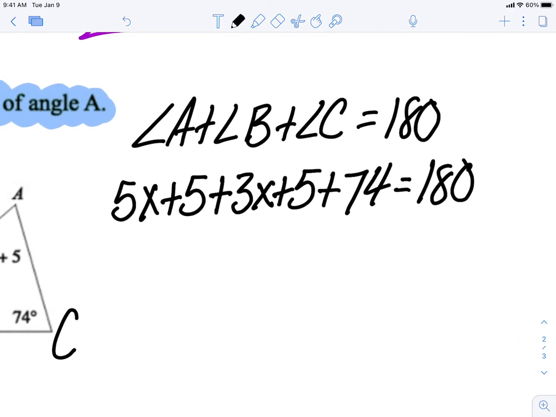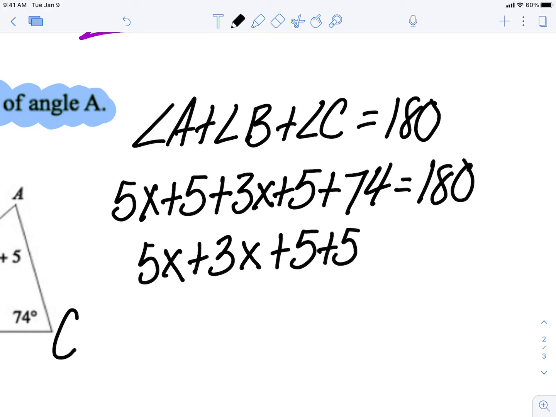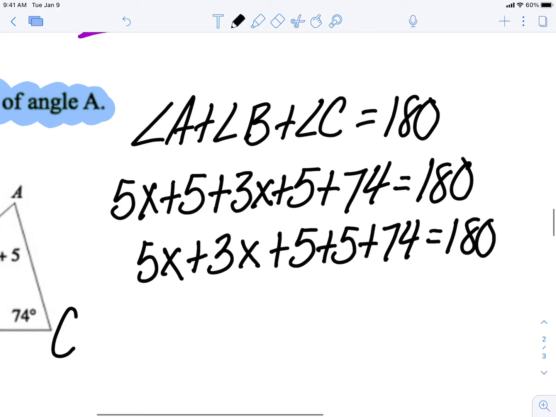I like to combine my variables with variables and regular numbers with regular numbers. So 5x goes with 3x, and then my regular numbers are 5 plus 5 plus 74 equals 180.